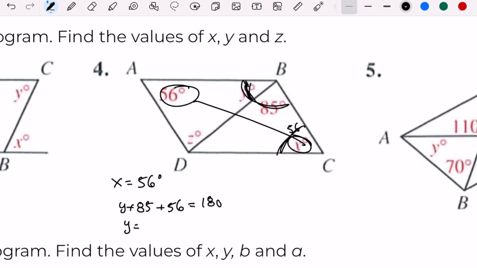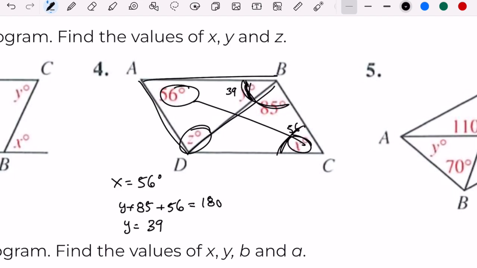So Y equals 180 minus 85 minus 56, that is 39. Beautiful. Then we could find out C by doing, if we know that this one is 39, we can find out C by using this triangle, no?